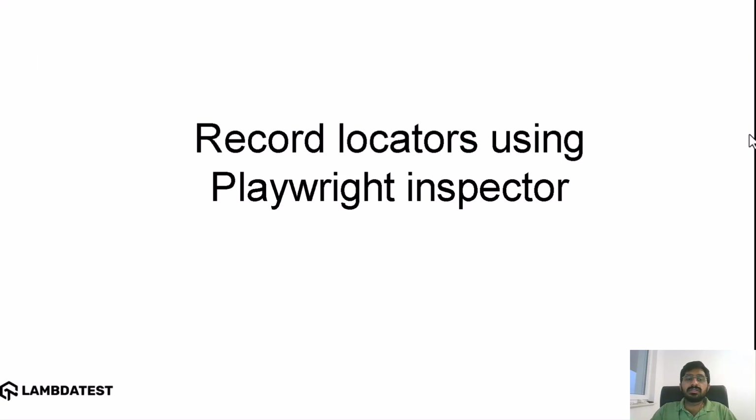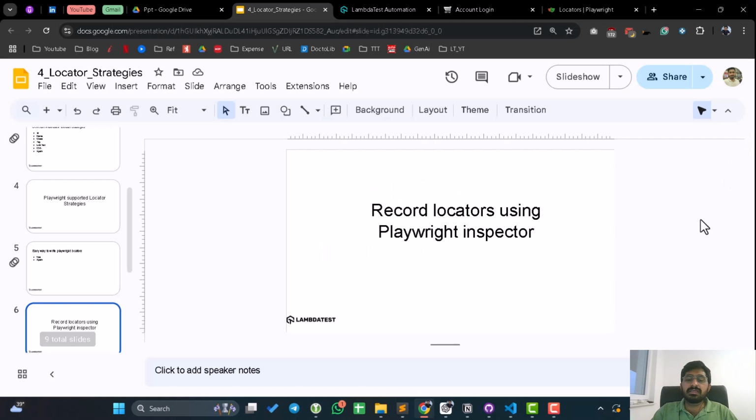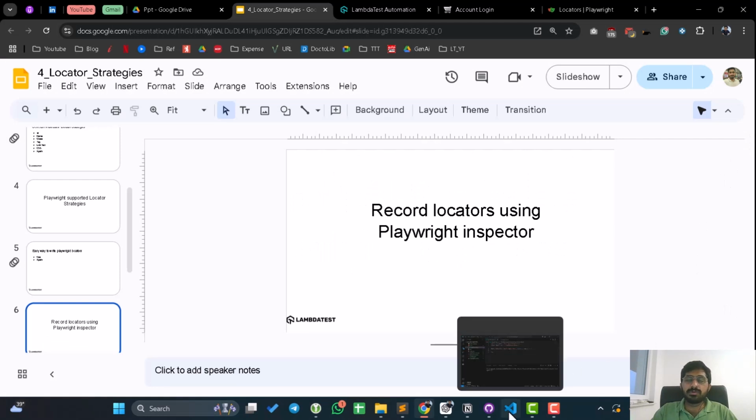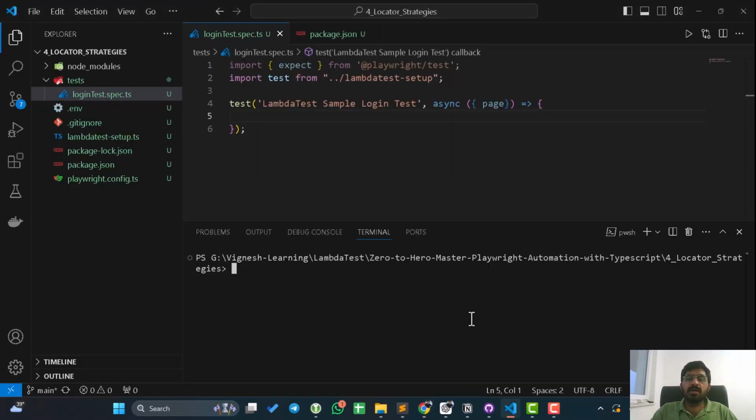Now we understand that we are going to use either CSS or XPath. Now we will see first how to record the locators using Playwright Inspector. We have already seen what Playwright Inspector is in our previous videos, where we used it for code generation, but this time we are going to use it to locate elements. I have already created a project here where I have installed Playwright, and I have it integrated with LambdaTest.